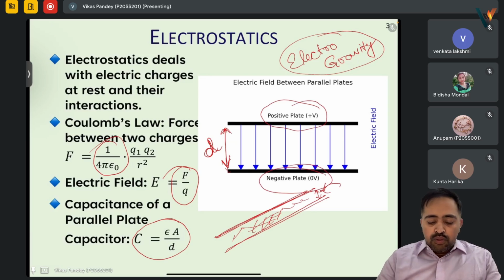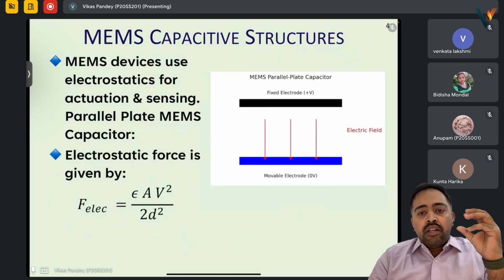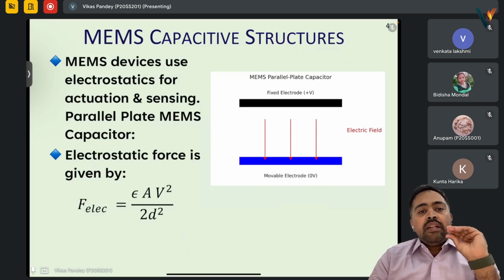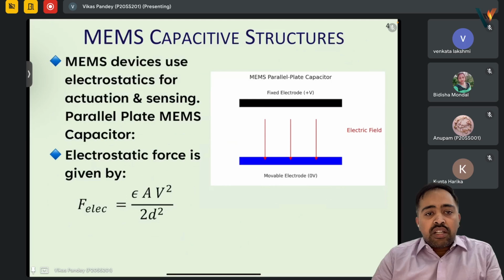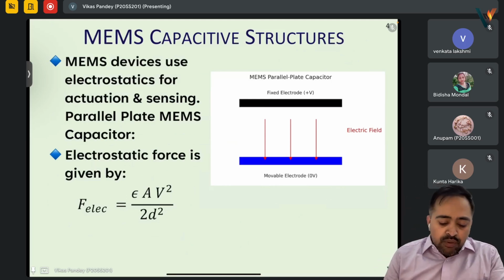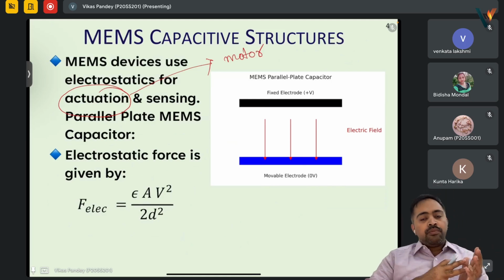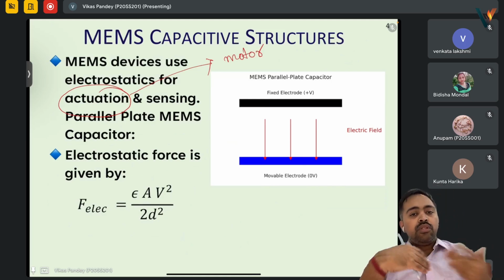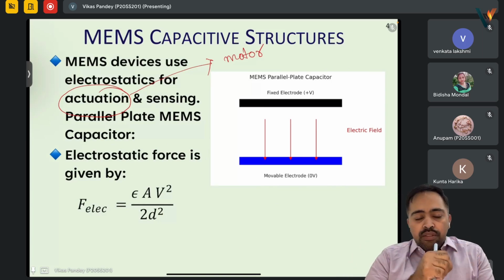Okay, so how are these structures actually made in MEMS? MEMS devices use electrostatics for actuating and sensing. Actuating means where we need some work to be done, like a motor is an actuator. Some work to be done, like pushing something, pulling something. These actions are called actuation.